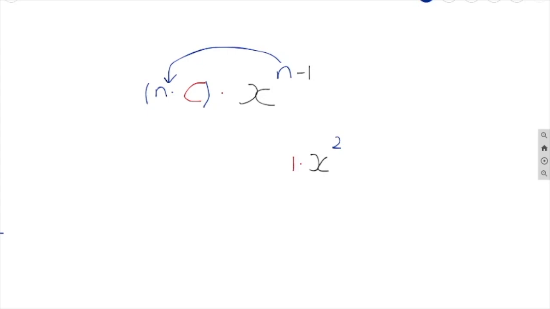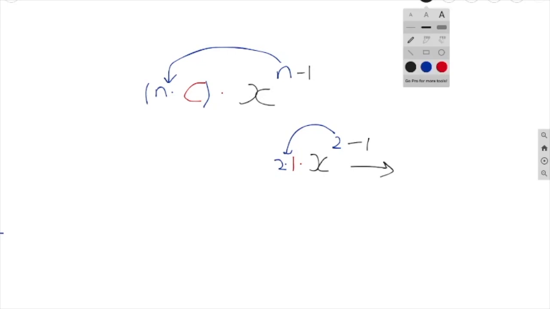All we're going to do is take this 2, and multiply in front here by the coefficient. So we get 2 times 1 times x. And then we're going to minus 1 from the 2. That will give us 2 times 1 is 2. The x stays as an x. And 2 minus 1 up here gives us 1, which in terms of indices is just 2x. And that's all we're going to do.